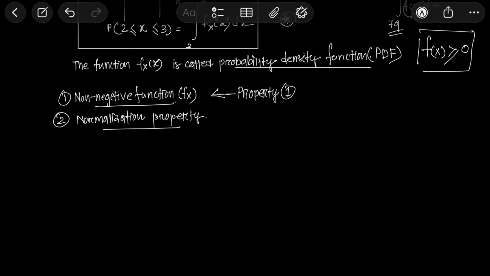The first one you were clear on, that is a non-negative function: f of x must be greater than or equal to 0. This ensures that when you calculate probabilities, which are areas under the curve, you never get a negative probability, which is impossible. So area must not be negative. You are finding the area under that curve.